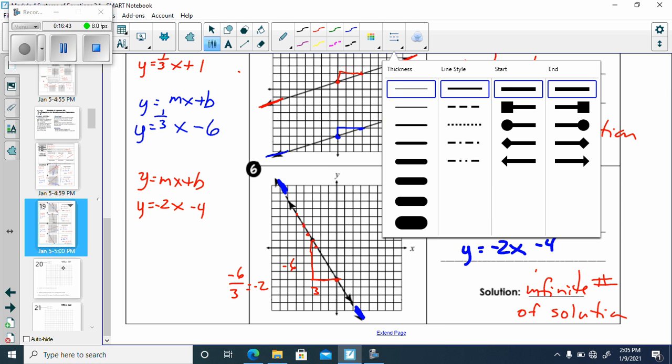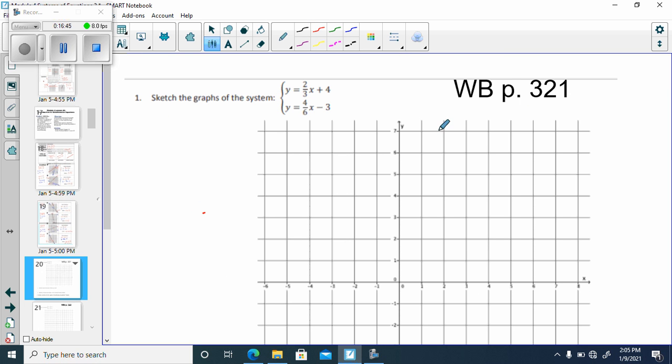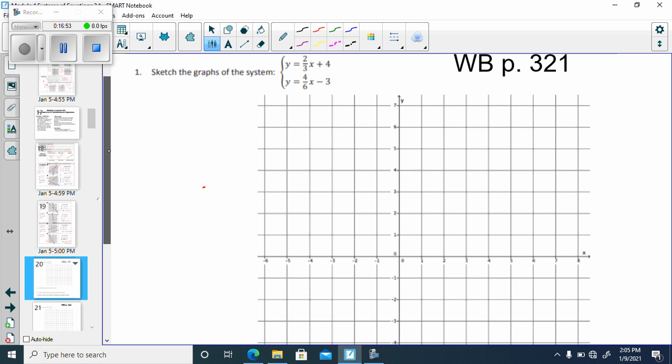All right. In your workbook, let's look at page 321. They've given us 2 equations and they've asked us to sketch the graph of these equations. y = 2/3 x + 4. We know if we've got y = mx + b, we start at the b on the y-axis, so we start at the 4. Then where do I go?